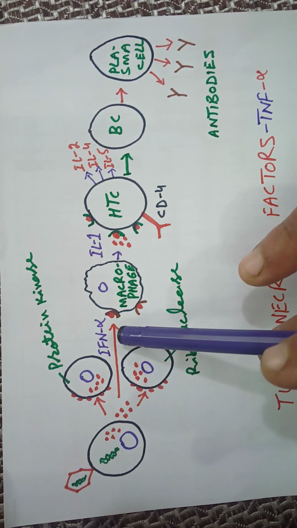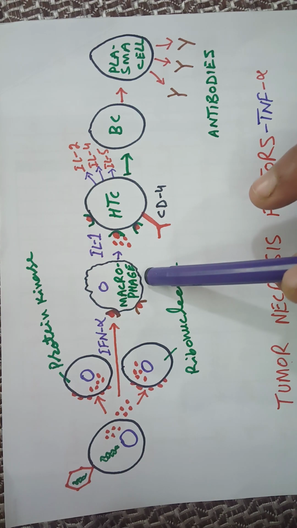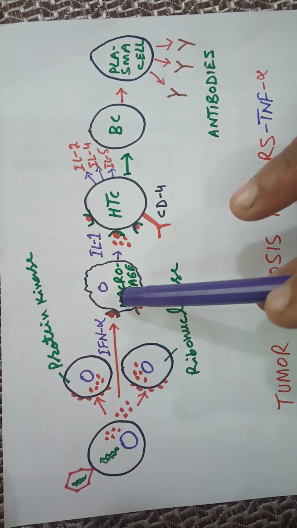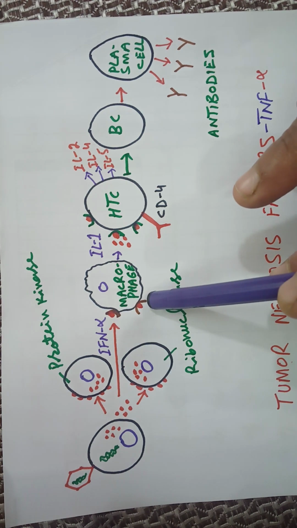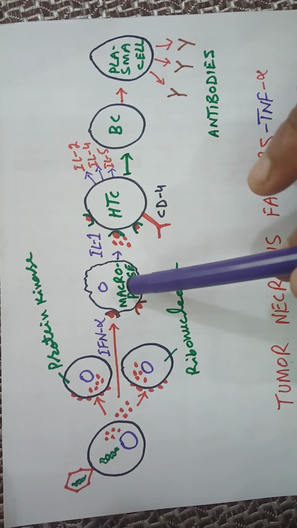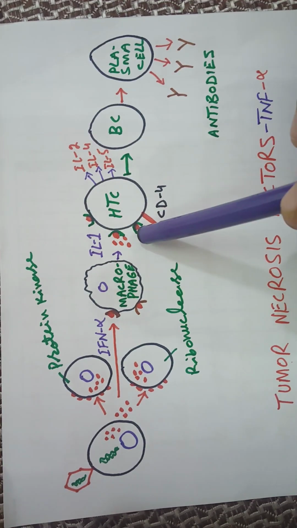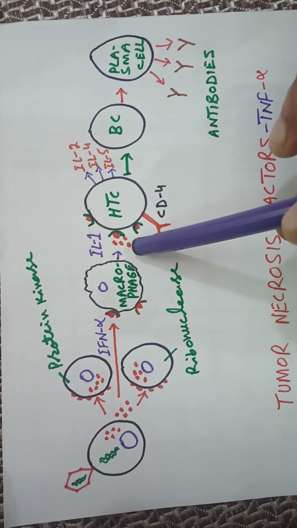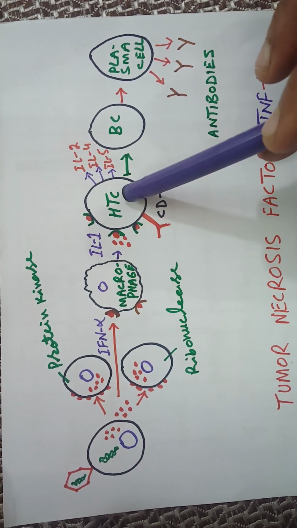Furthermore, interferon alpha acts on the macrophages and attaches to them on their receptors. Then macrophages are activated and produce interleukin 1. Then interleukin 1 attaches to the helper T cells.